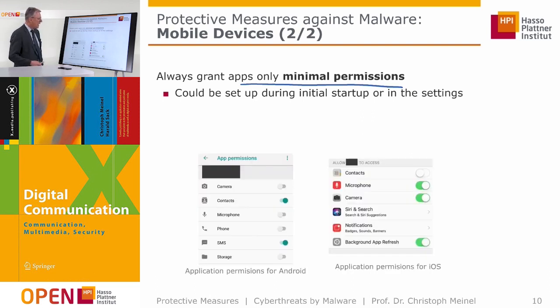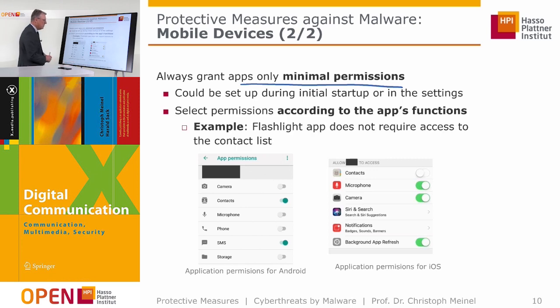They are available for all the applications, where you can design whether you allow an app access to another system or another application. You know what the app is for, what the functionality of the app is. So you can select what kind of permissions the app needs to do its work.